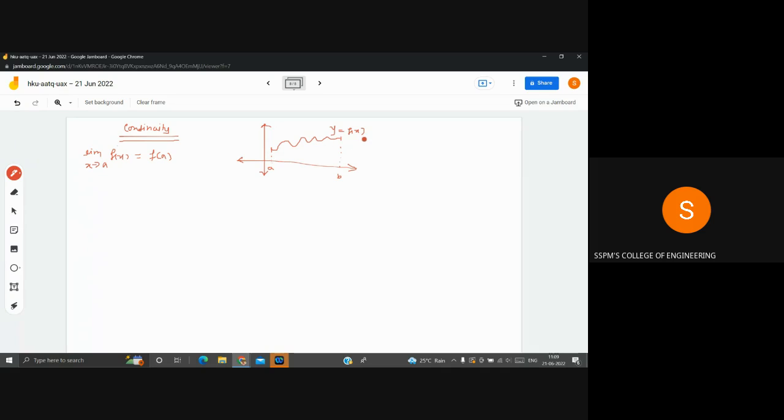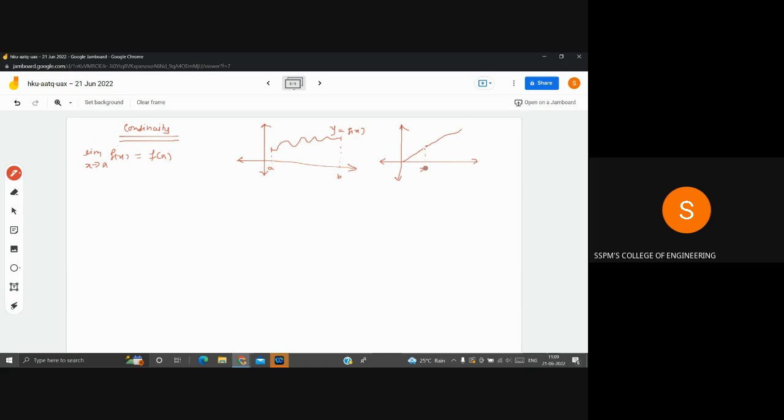So a function is said to be continuous when its graph exists without any gap or without any break. Suppose there is a break in this interval, then the function is discontinuous. How does a discontinuous function look? If this line is a breakable line, there is a break here, this line is broken at this point.